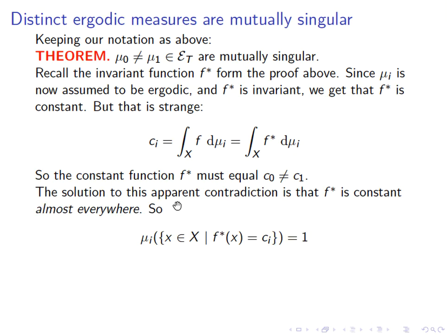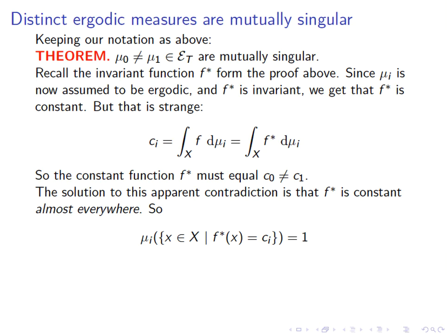Well, the solution, of course, is that this apparent contradiction is because f star is not actually constant, but it's constant almost everywhere. And what it exactly means is the following. Reading this line for i equals 0, the set of points where f star equals c0 has mu0 measure 1. And the set of points where f star equals c1 has mu1 measure 1.